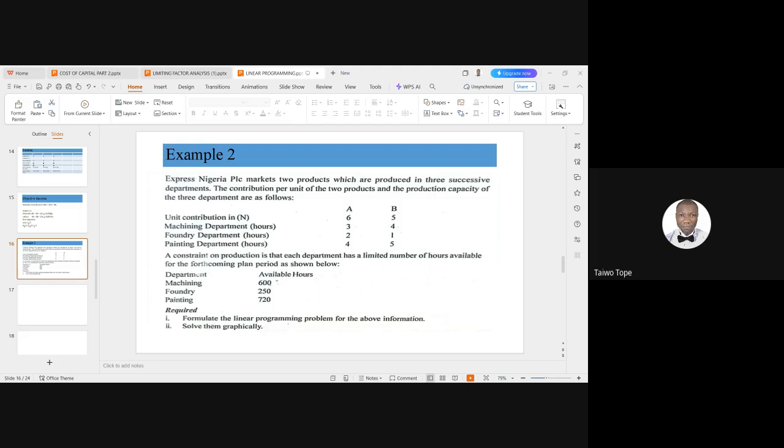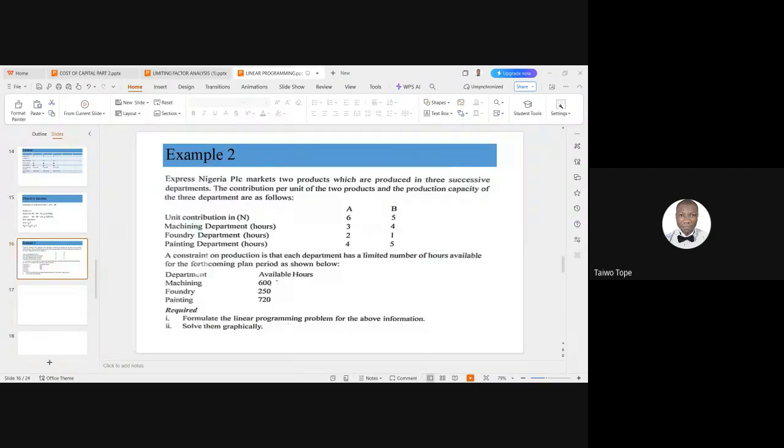So for machining, the maximum you can have for the period that is being planned for is what? 600 hours. For foundry, the maximum you can have in that department is what? 250 hours. For painting department, the maximum you can have is 720. So this is the limit.